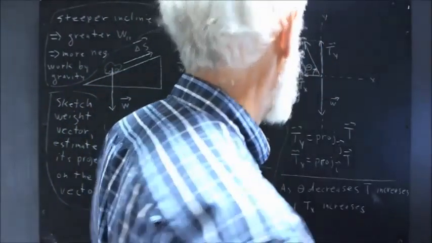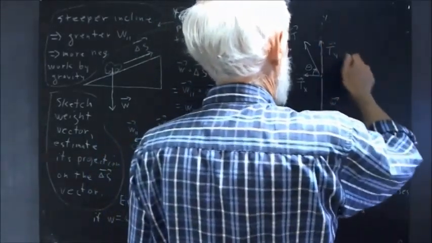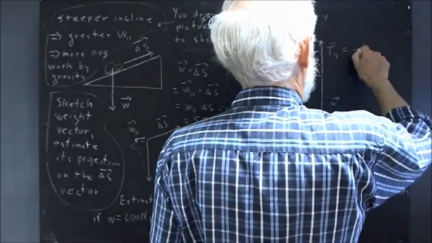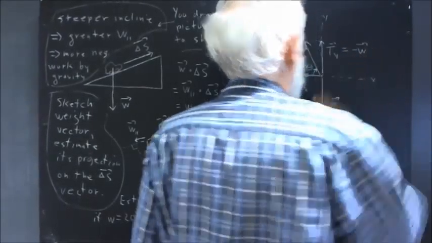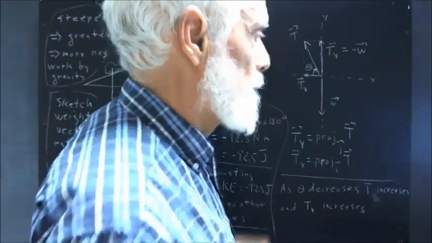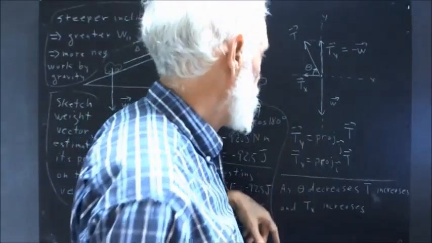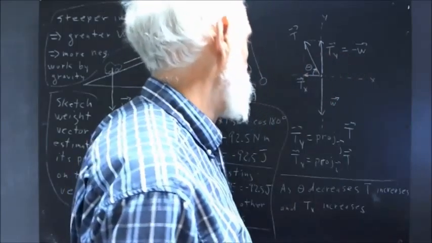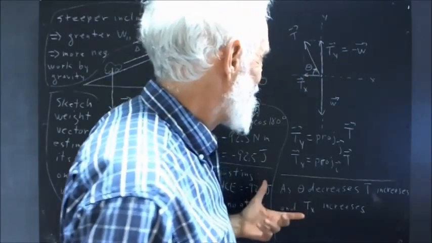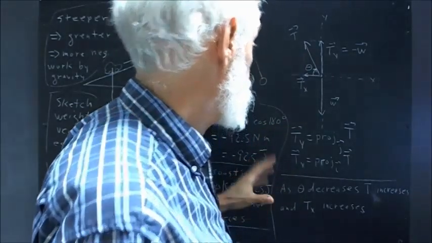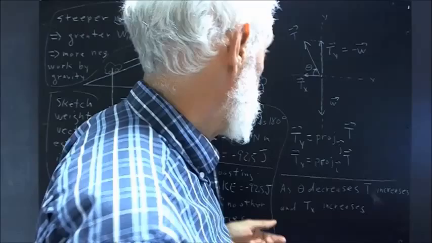Remember, the T vector has to always match the Ty vector. The Ty vector always has to be the negative of the W vector. Now, I'm fudging a little bit there. We'll talk more in detail about this. As you get pretty far away from equilibrium, that no longer holds, for reasons that we won't worry about right now.